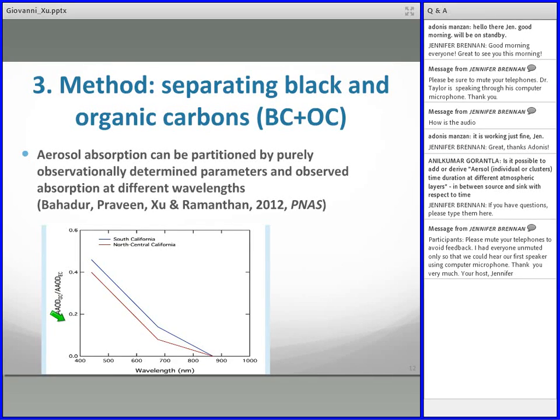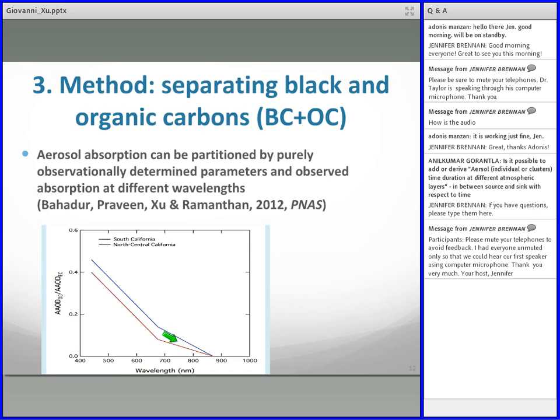For example, here we're showing that AAOD contributed by organic carbon is only about 40% of that due to black carbon at short wavelengths, around 440 nanometers.